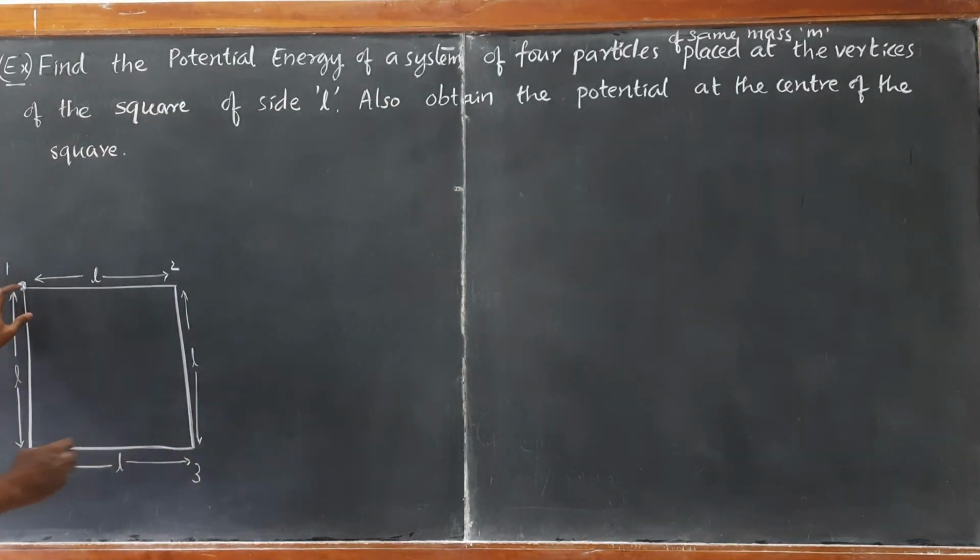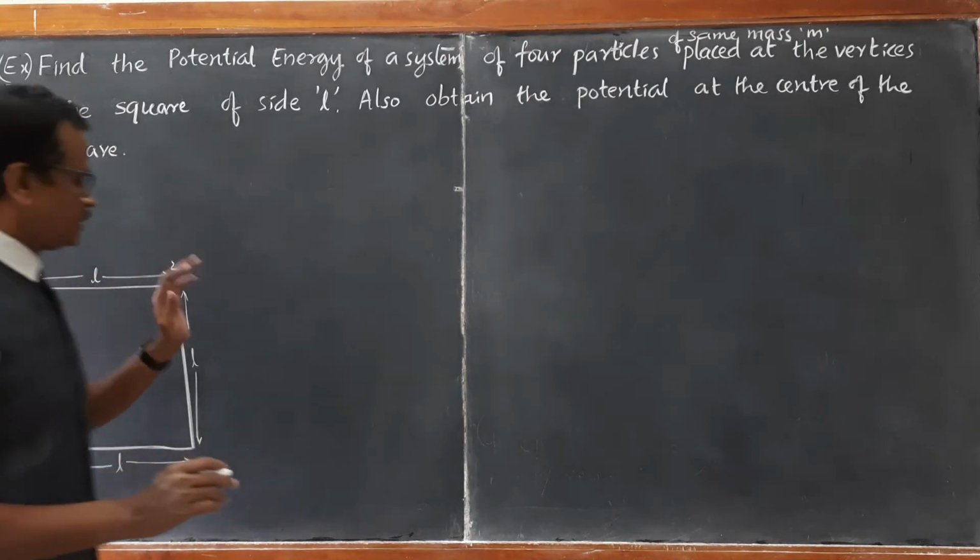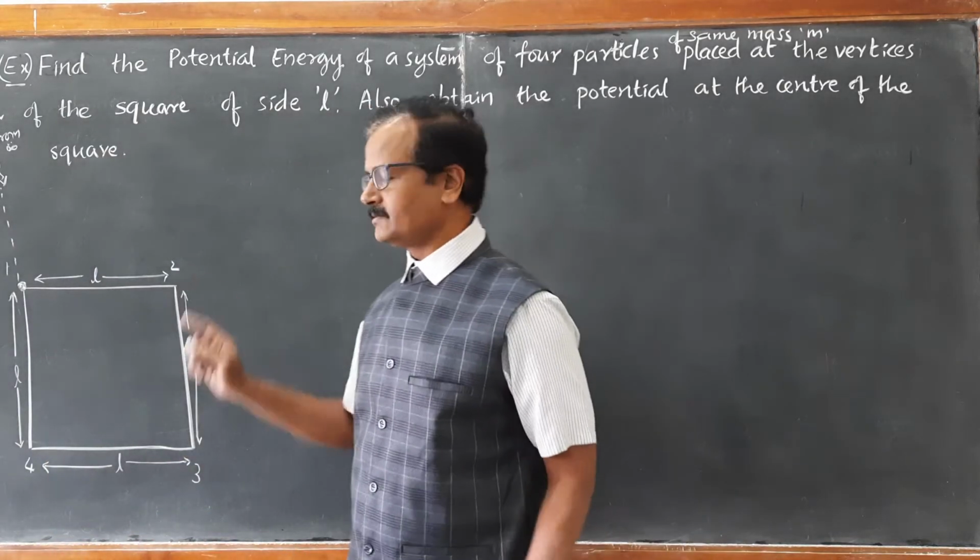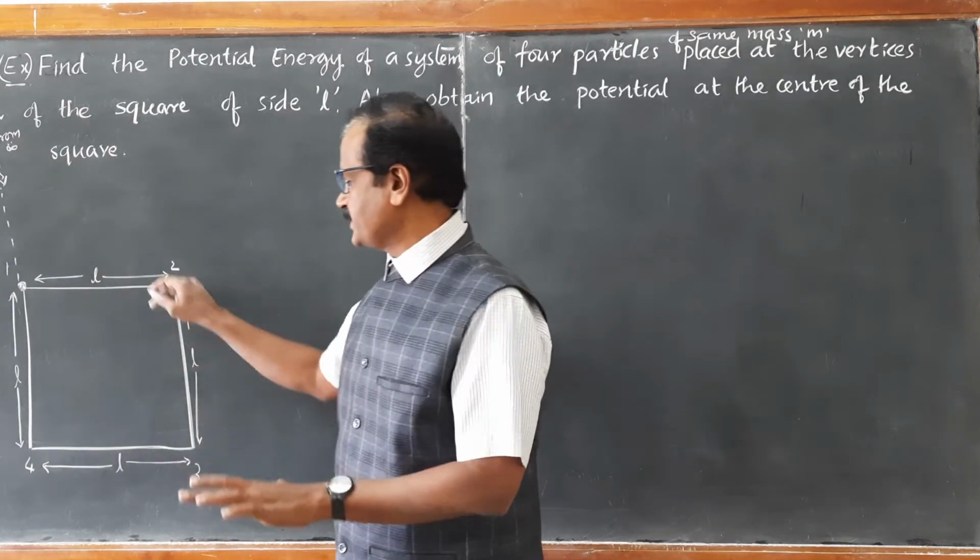Now, suppose this point mass M is there at infinity. It is being brought from infinity and is being placed at this position. When this point mass M is being placed, assume that there are no other masses here. This space is empty.